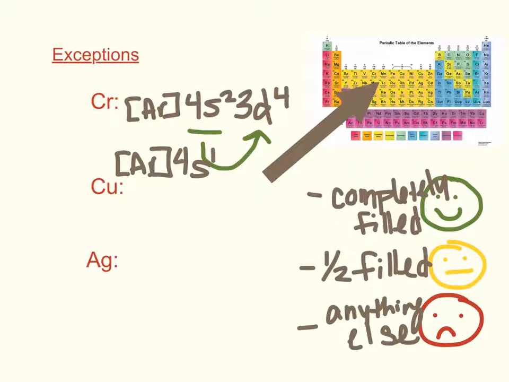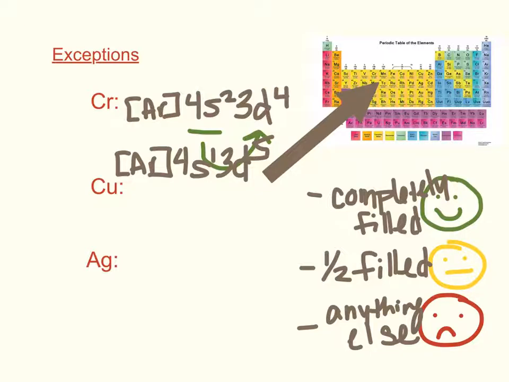It's not the greatest, but it's not terrible. And then I have 3d5. So what that does from an atomic perspective is it makes the atom as a whole more stable.